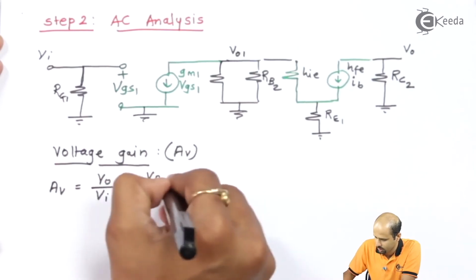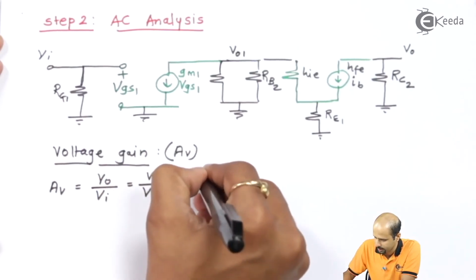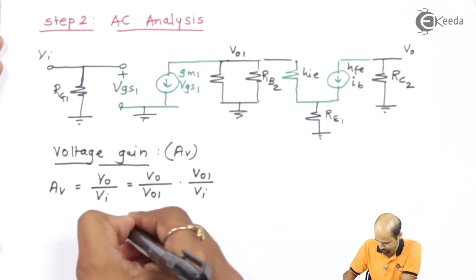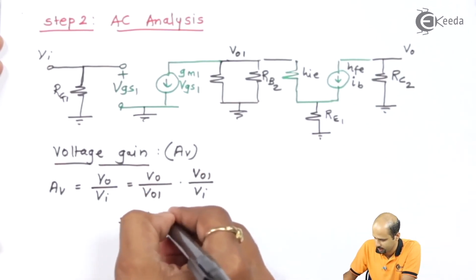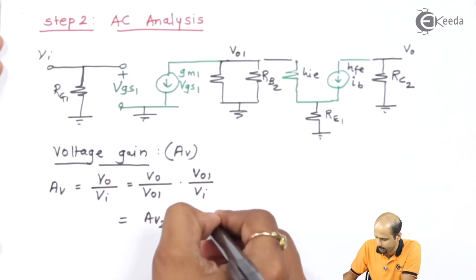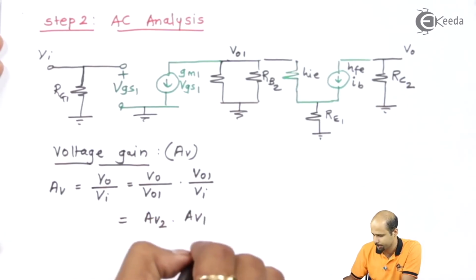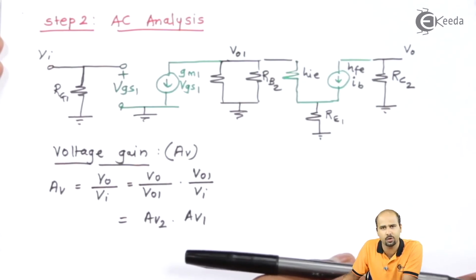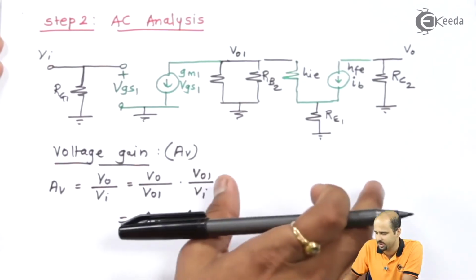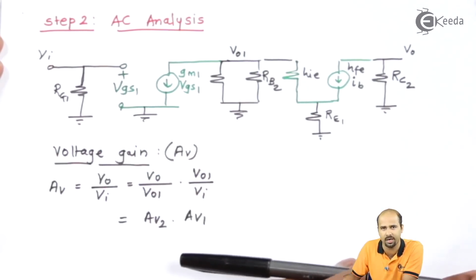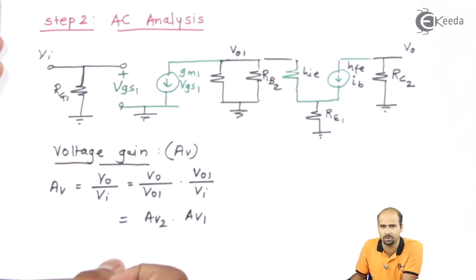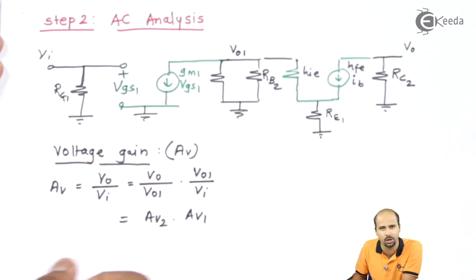So VO divided by VO1 multiplied by VO1 divided by VI, and that is nothing but AV2 multiplied by AV1. As far as AV2 and AV1 are concerned, we just have to consider the single stage BJT and single stage JFET amplifier voltage gain. So that formula we will use, and the product of AV2 and AV1 will be your total voltage gain.